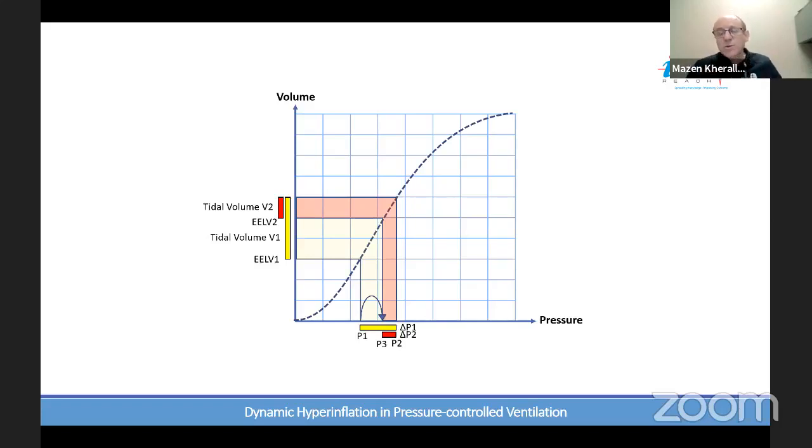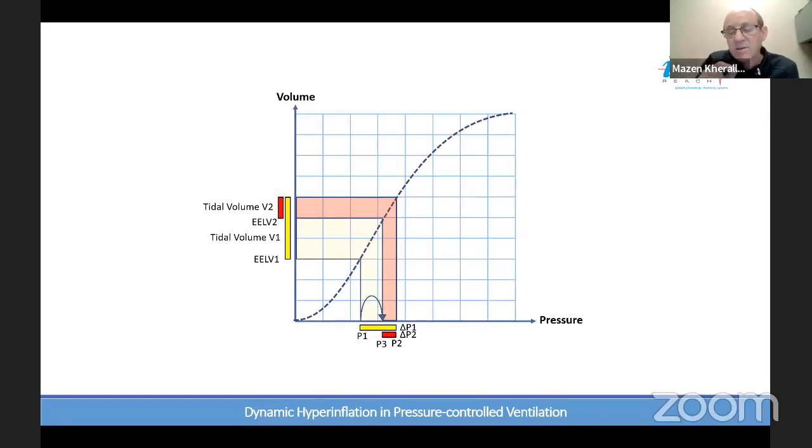But I want you to know also, a lot of times those patients do not build auto-PEEP. Why? Because the definition of ARDS is low time constant. Those patients have a very low lung compliance. They can exhale very rapidly. The definition of asthma is the opposite, high time constant, and the high time constant is because of the resistance.